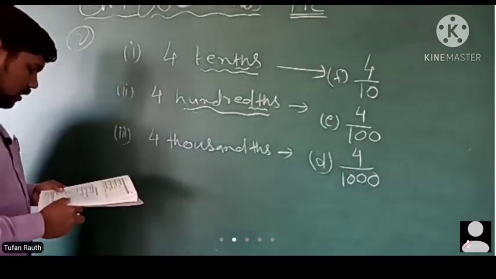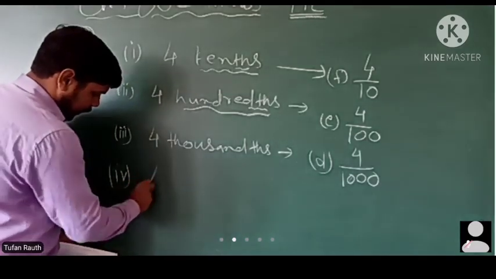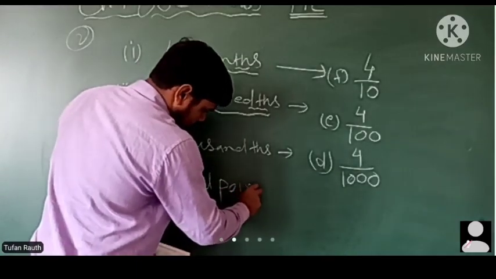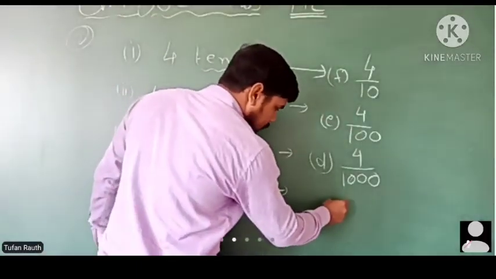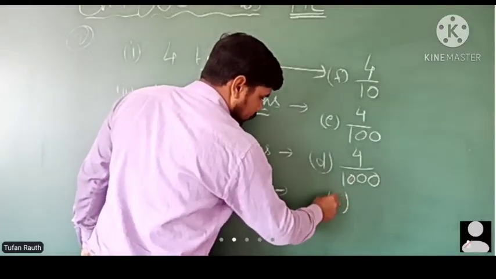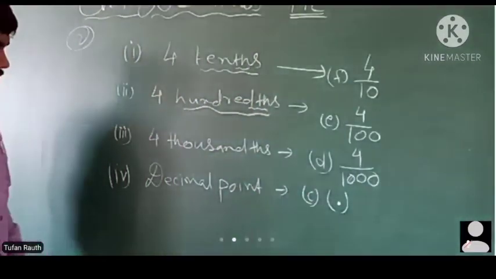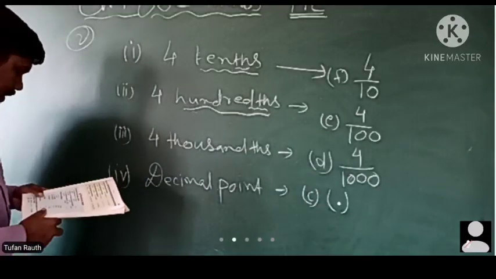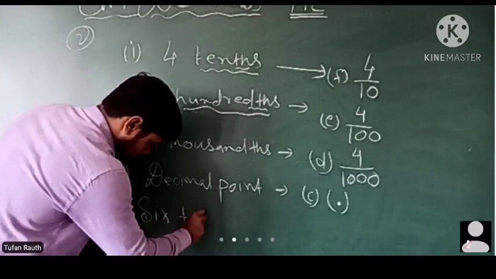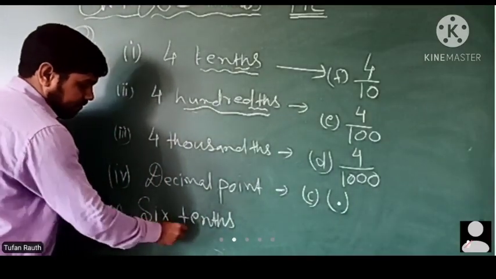And the same with the decimal point. The fourth one asks which one is the decimal point. We know how we used to write the decimal point, like this. This is option C, so it will be matched with option C. After that it is asking 6/10, which means 6 divided by 10.